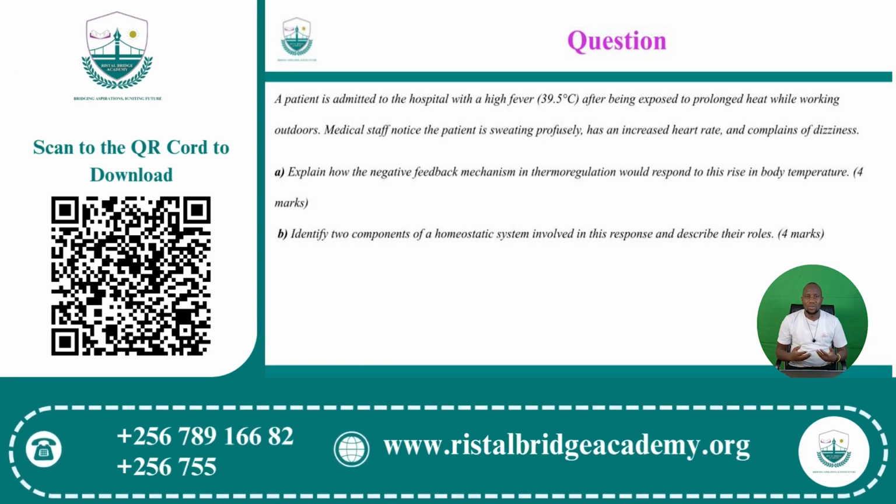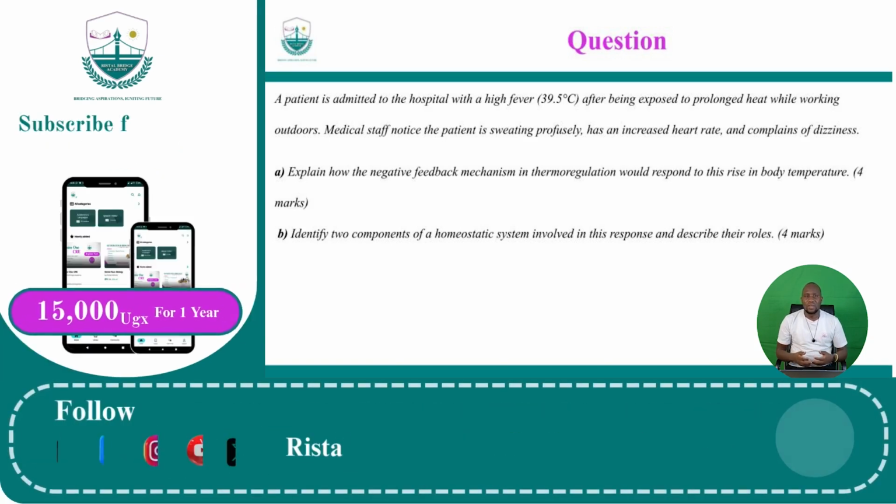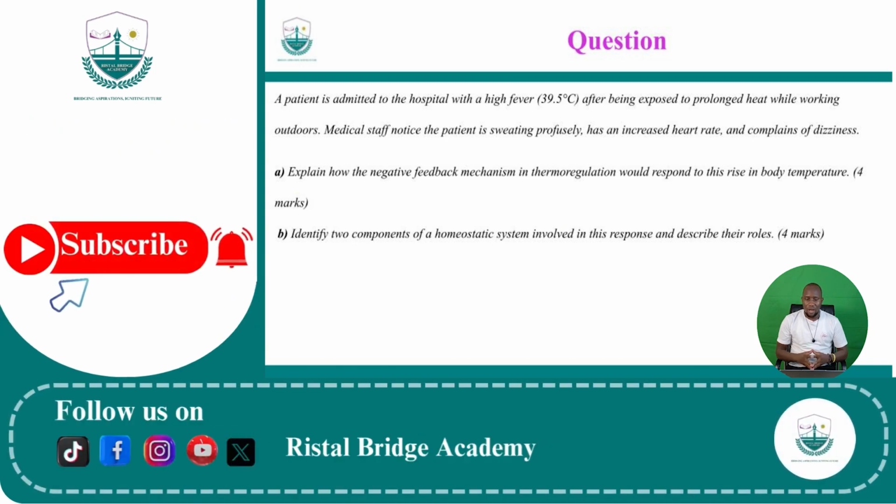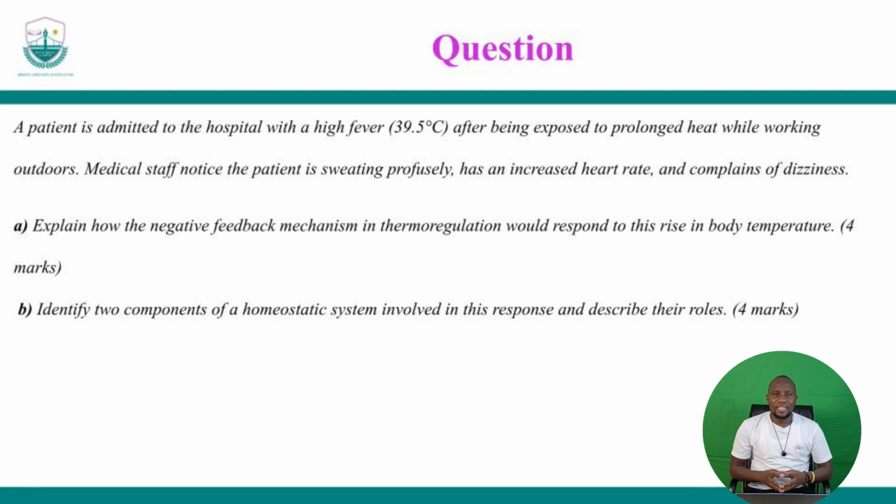When someone sweats, we expect that the evaporation of that sweat causes cooling. You also have the heart rate increasing, which means that blood is being pumped to the surface of the skin, such that more heat is lost. And then you also have the feeling of dizziness. These are all consequences of making sure that the body temperature returns to normal.